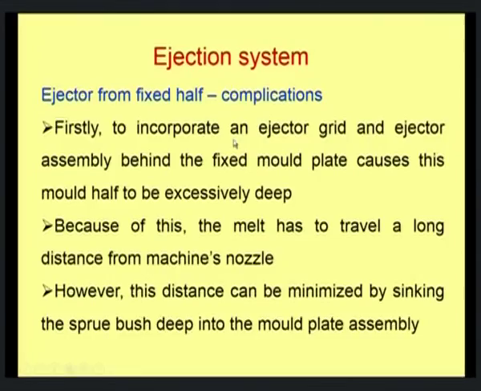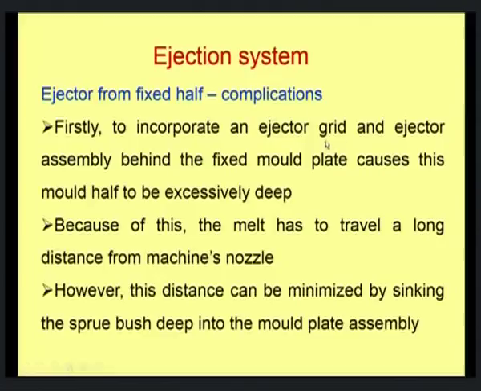So in such cases the gates are provided inside the box. In this case the core and the ejector system have to be compulsorily mounted on the fixed off of the mold. Now if you do that, there will be two main complications.